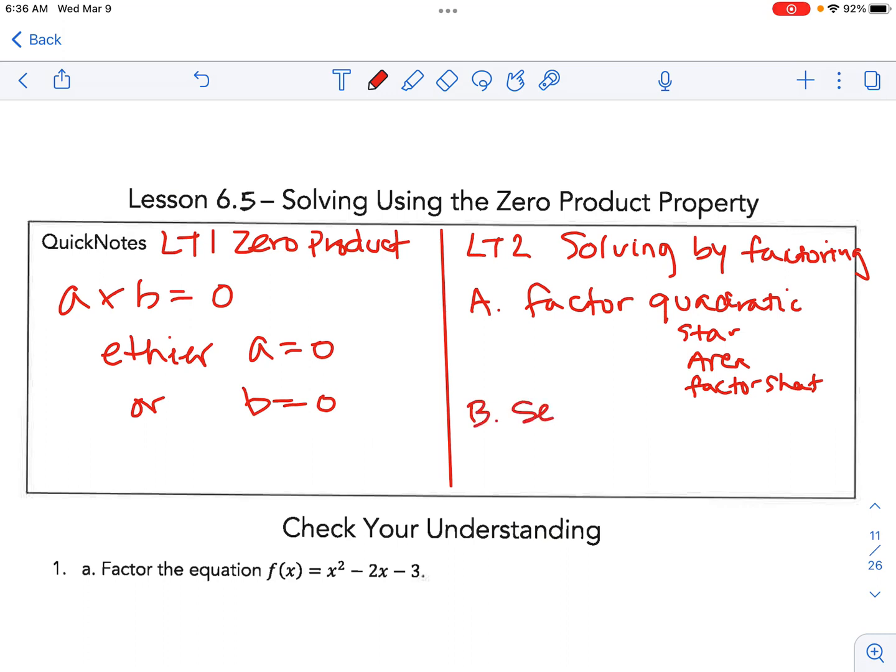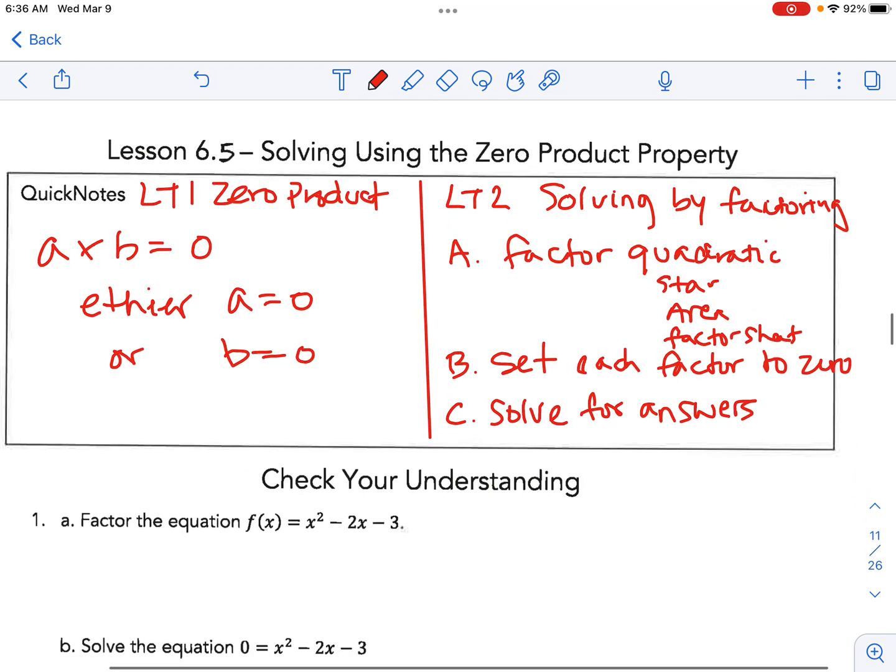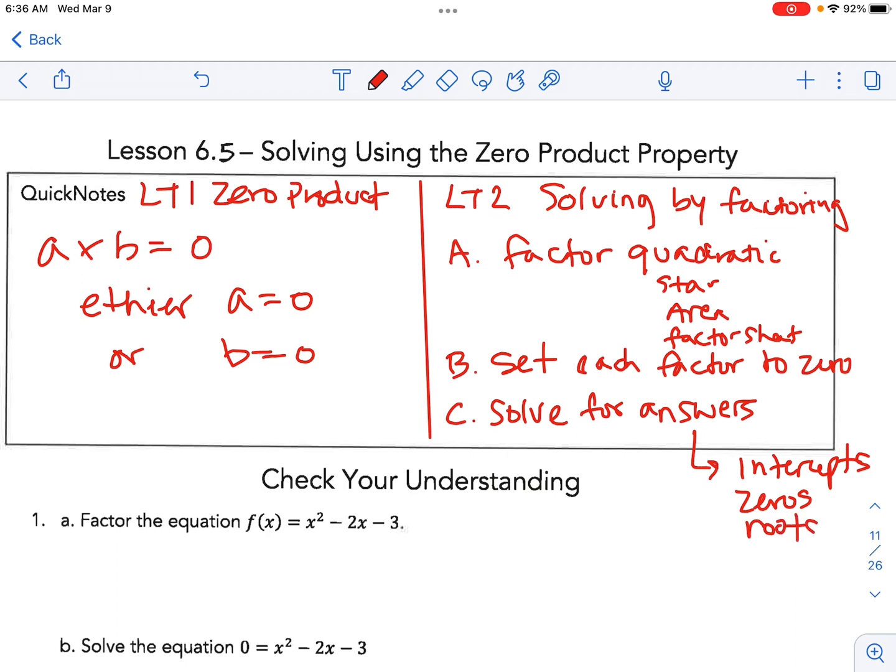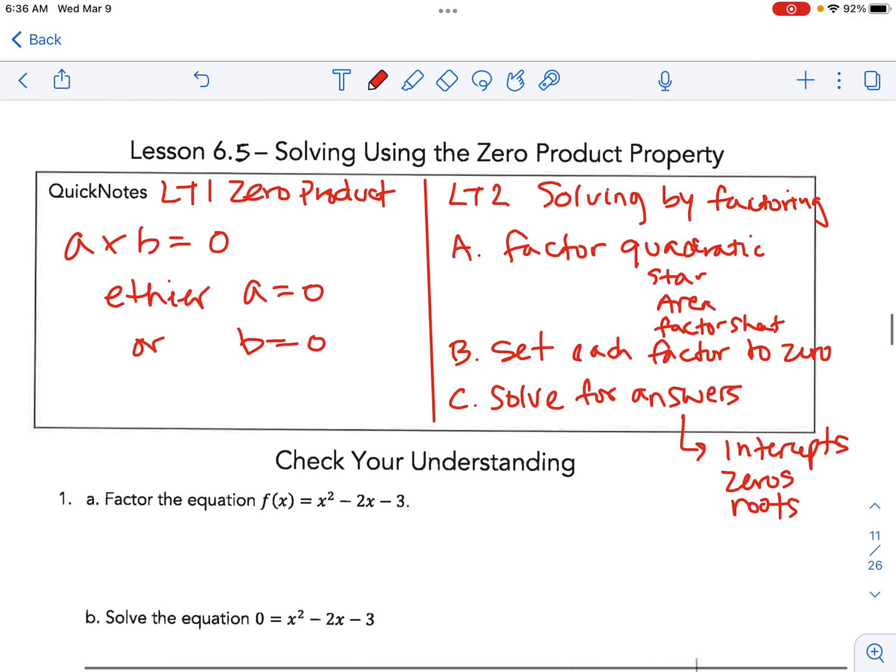And then you're going to set each factor to 0, and then you're going to solve for answers. And those answers are going to be your intercepts, or some people call them your zeros, or some people call them your roots. There's lots of names for them. So those are the learning targets.